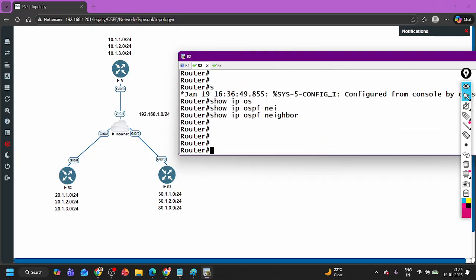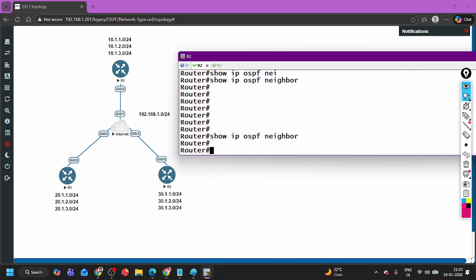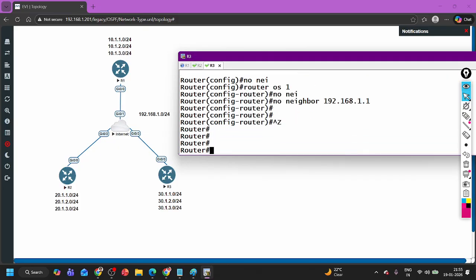No, this is point-to-multipoint. Point-to-multipoint broadcast network. Why is it not showing this?